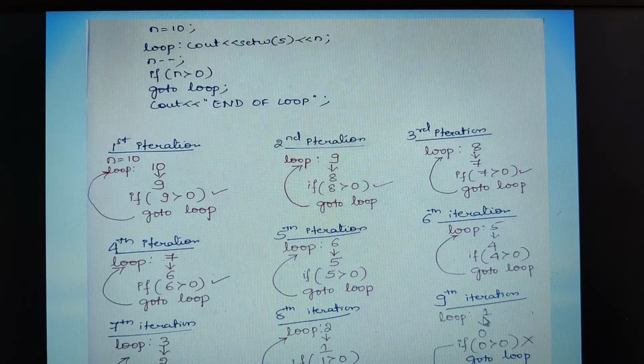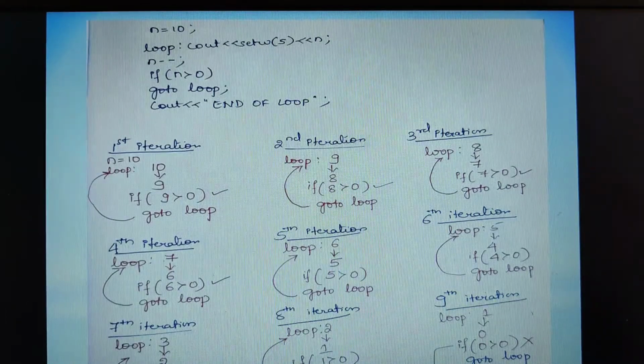When it comes to the 9th iteration, the n value will be 1, since previously it was decremented. After that, the value 1 gets decremented, so here we are first printing 0. We print the value 0 and then check whether 0 is greater than 0.